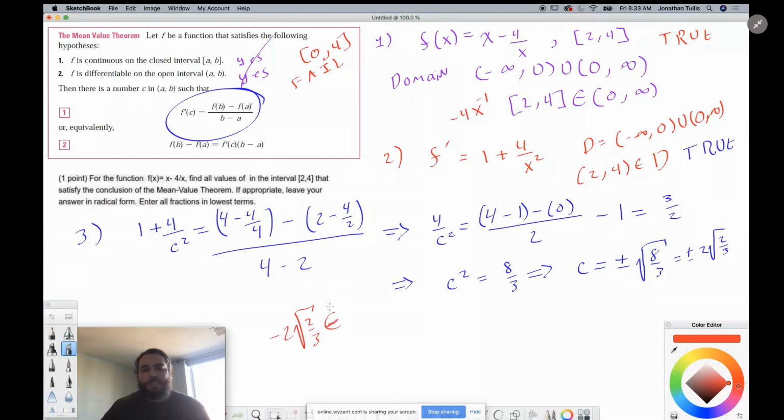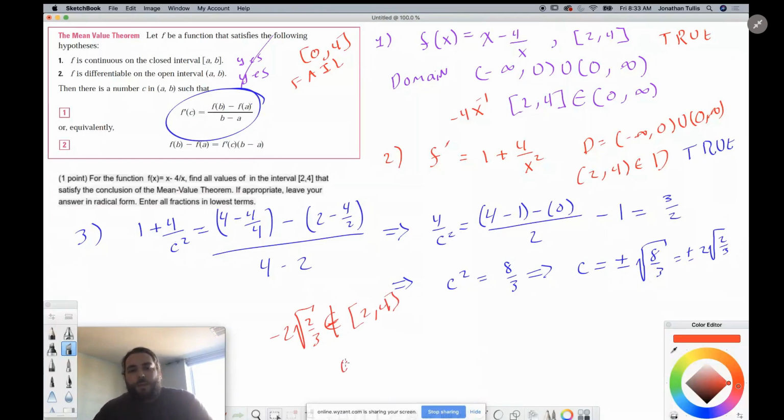It's called "in", it just means it's in the domain, if you're not familiar with that. Anytime you see a symbol you're not familiar with, look it up. It's usually not that difficult a thing. Look it up, figure it out. Anytime you see a word that you're not familiar with, look it up, figure it out, because putting it off is not going to help you. Same with any course, English, anything. So this is not in the domain, so it doesn't count.